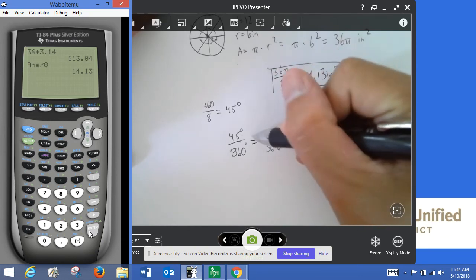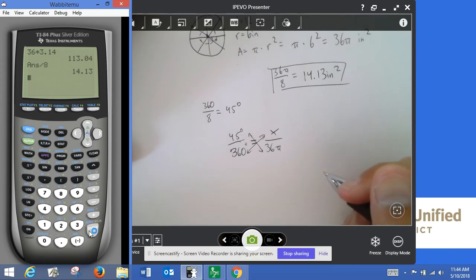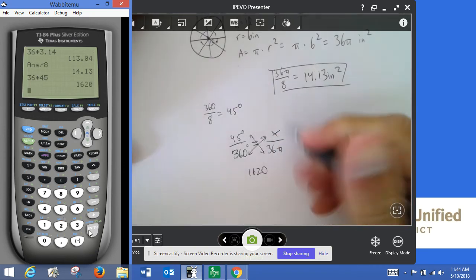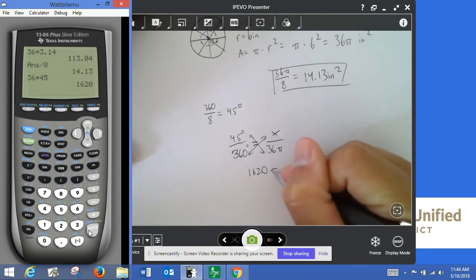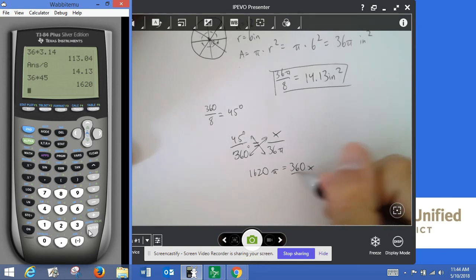So here you would just cross multiply. Let's see, that would be 36 times 45. Let's do that, save yourself some time. 36 times 45 is 1,620. Pi is equal to 360 x, and let's divide both sides by 360.